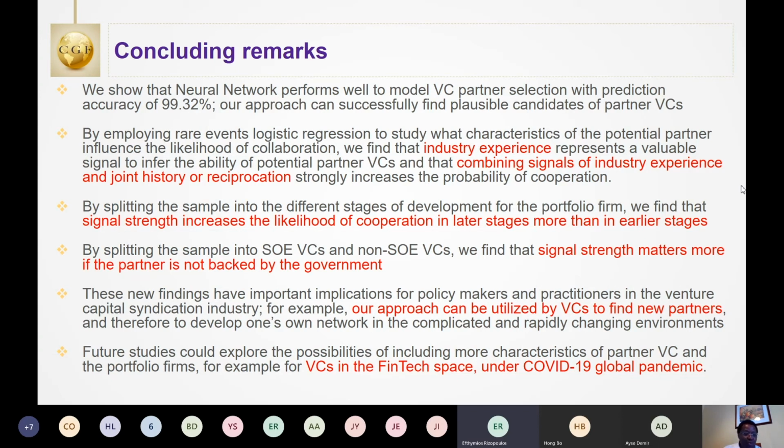Yeah, I think that's a very good point, actually. Let me write it down. The way we configured the VC net is specific to China.